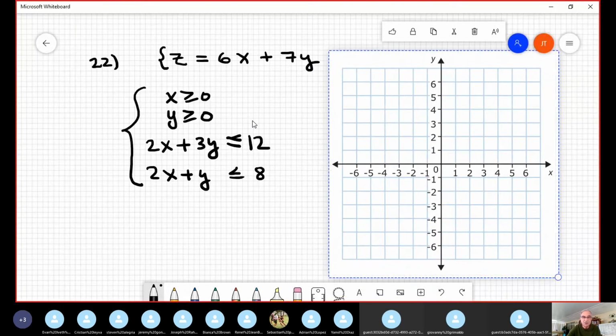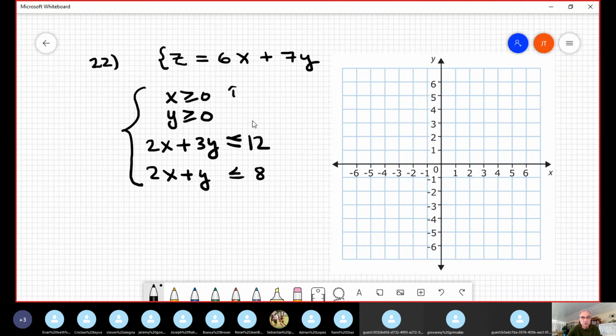The first and the second constraints represent the first quadrant. Yes or no? Yes. x at least 0, y at least 0, together. The only region that can satisfy both conditions simultaneously is any point in the first quadrant. It continues forever, no?